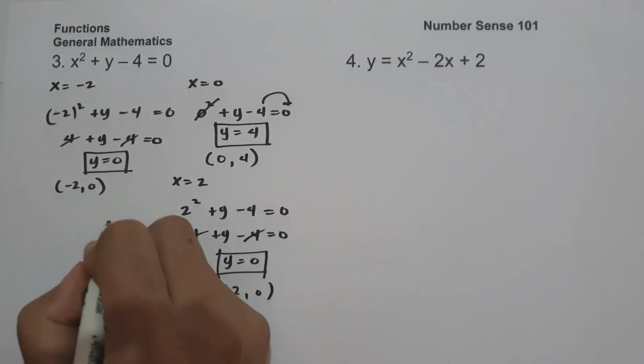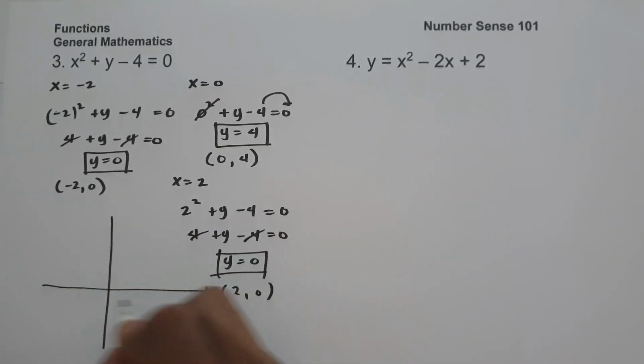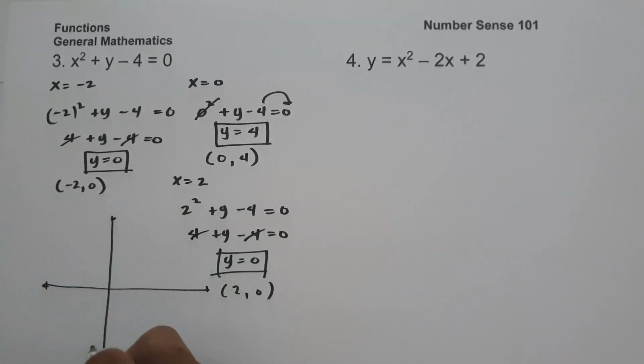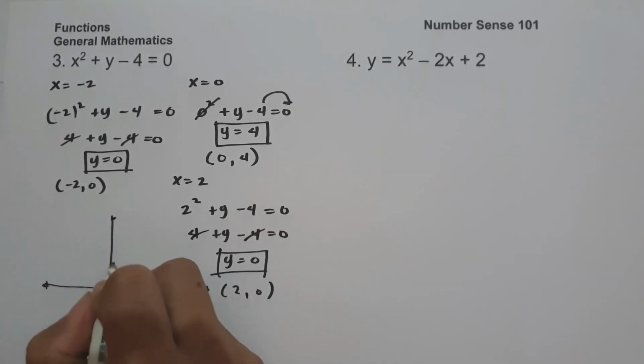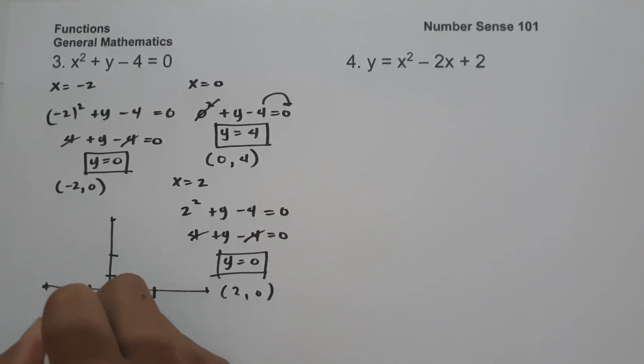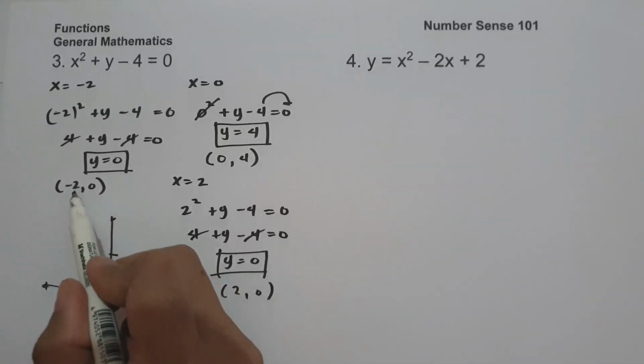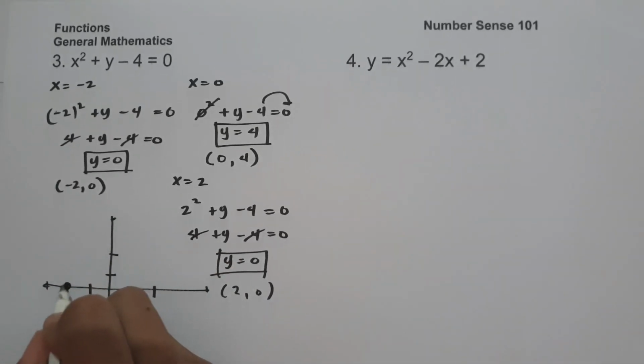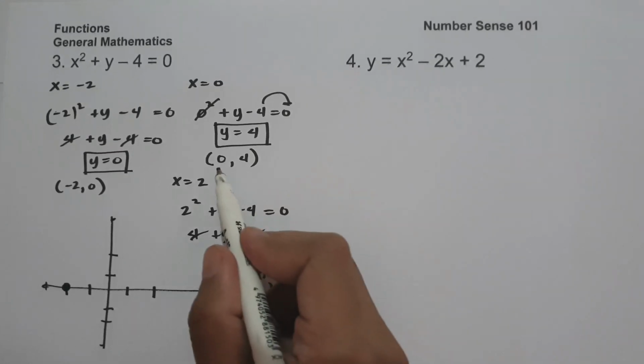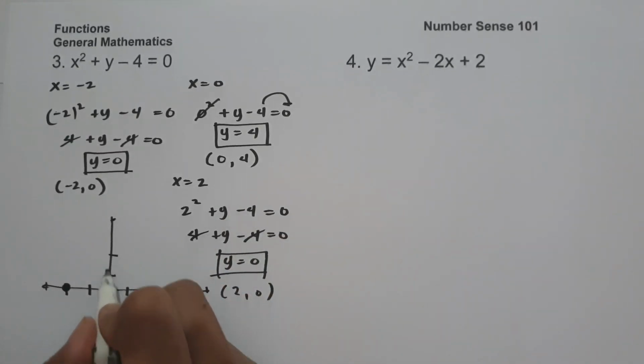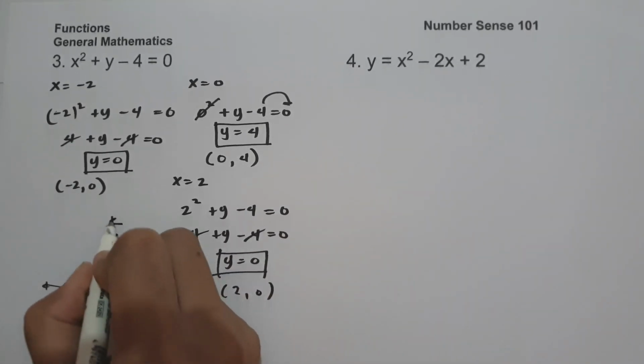So if we are going to graph this one, let us have a Cartesian coordinate plane. Let us have 1, 2, and then 1, 2 on the other side. So let us have negative 2, 0. And let us have 0, 4. That is 0, 2, 3, and 4.